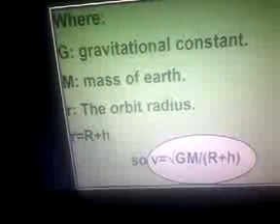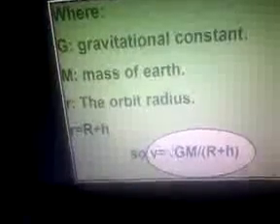So, finally, we find that the orbital velocity v equals root G M over R plus h.